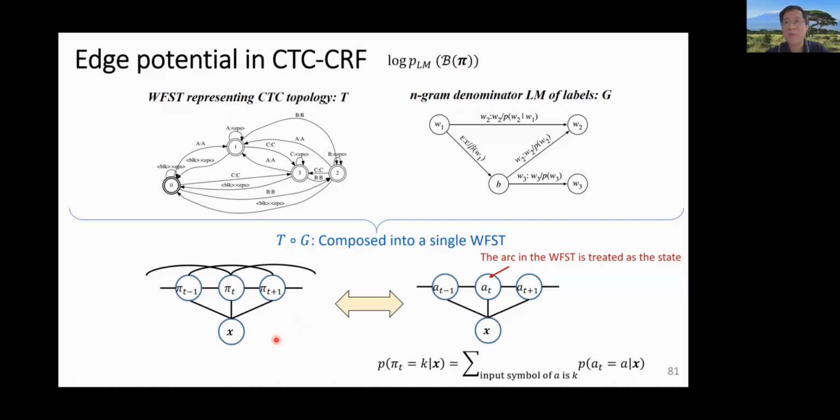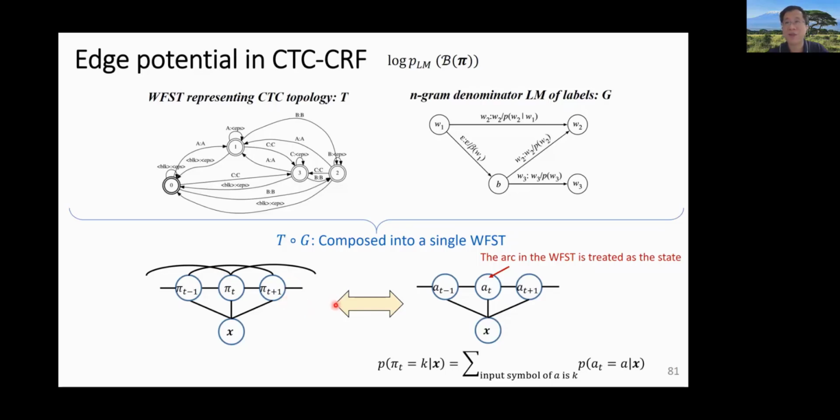The graphic model representation of CRF contains higher order interaction between states, but it is a complicated one. We can see it in an equivalent form.